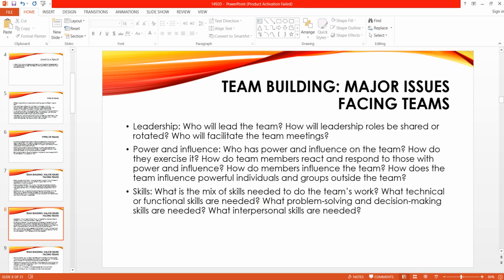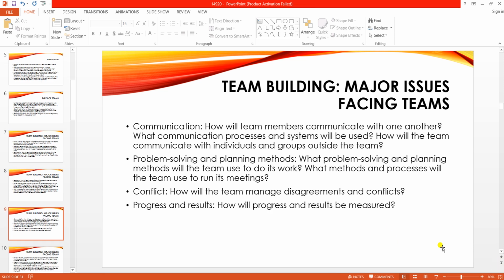So in terms of solving the problem and understanding the impact of that solution on the environment, we need a person who has the skills to advise on that solution. And what other interpersonal skills are needed? So those are the skills that are needed within a team. So moving further on to slide 9.